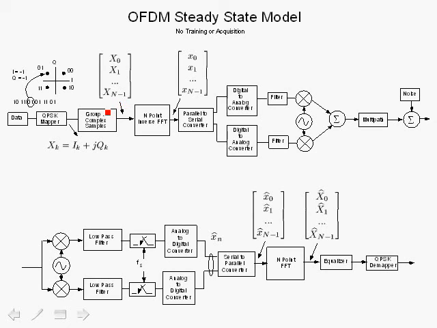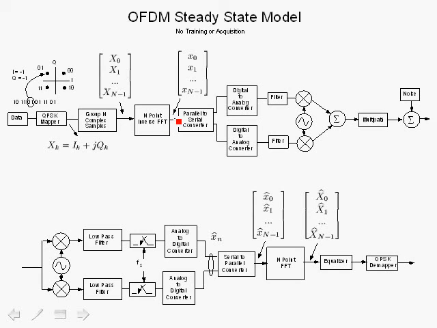So we collect these into a vector of complex samples, each representing points within the constellation, and each point of course carrying data. Then we go through this block, which is an N-point inverse fast Fourier transform, which is the same as an N-point inverse discrete Fourier transform.